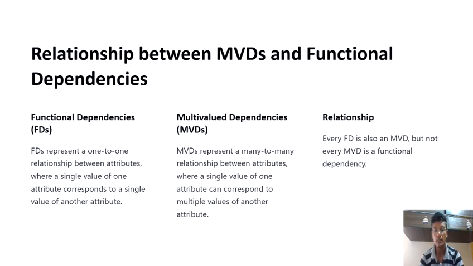Multi-value dependencies represent a many-to-many relationship between attributes, where a single value of one attribute can correspond to multiple values of another attribute, known as a multi-valued dependency relationship. Every functional dependency is always a multi-value dependency, but not every multi-value dependency is a functional dependency. This is the relation between the MVDs and FDs.